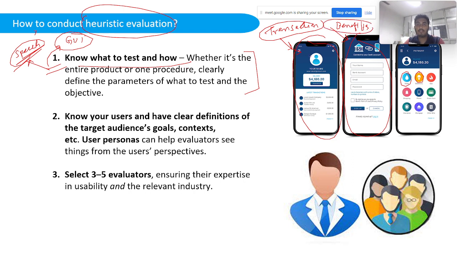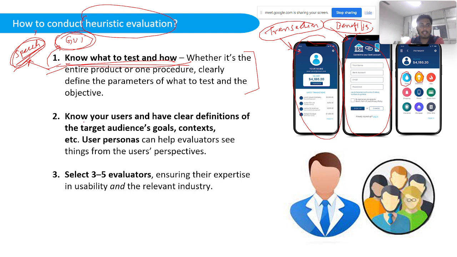So one will be based on what modality the experts will be evaluating, that we need to decide. Second, what sort of interaction is required. Based on that, they need to decide on what sort of heuristics they require. So this is the first activity that we need to do while carrying out heuristic evaluation. So this is the initial phase.